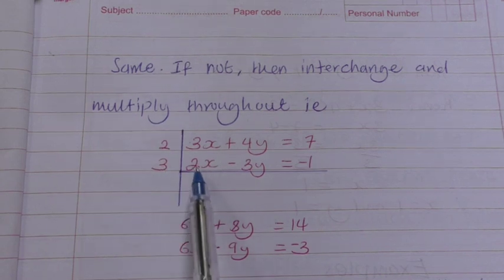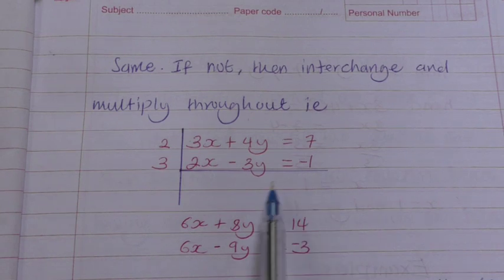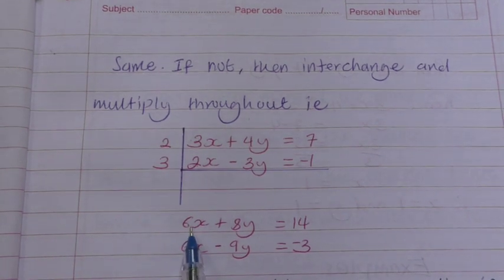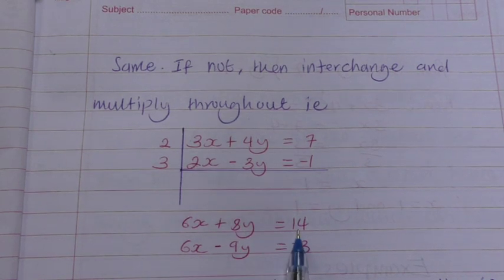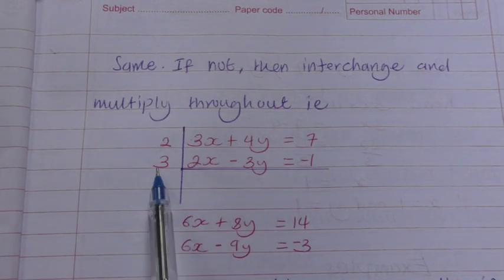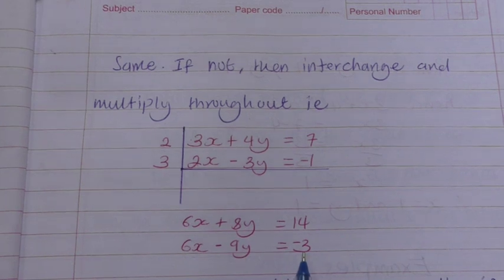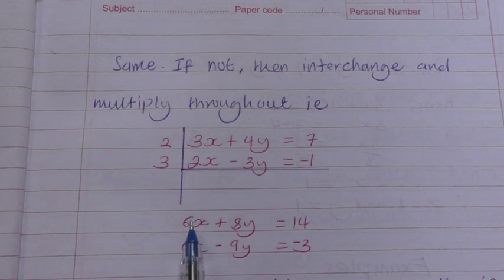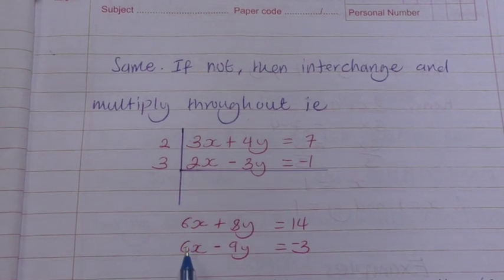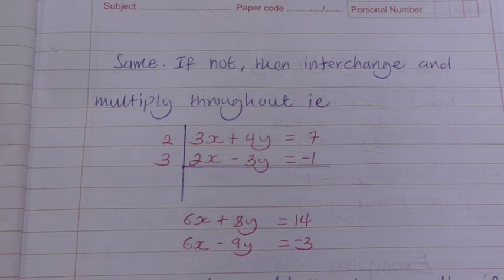Similarly, 3 will multiply every term in this particular equation, hence giving us 6x plus 8y equals 14. And this one gives us 6x minus 9y equals -3. So we have achieved the same coefficients of x. Let us look at what comes after that.